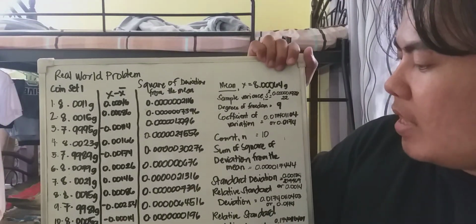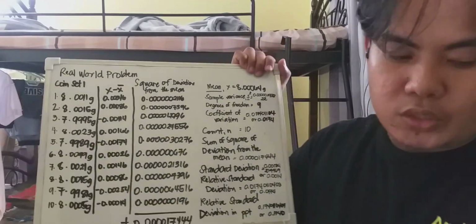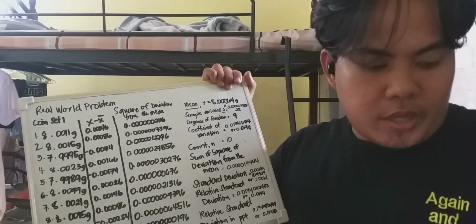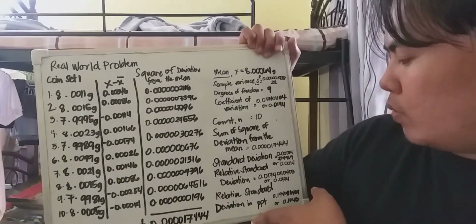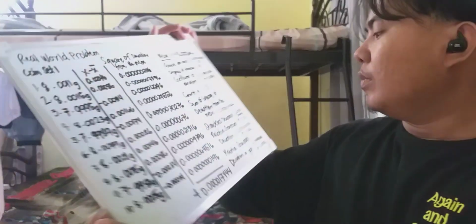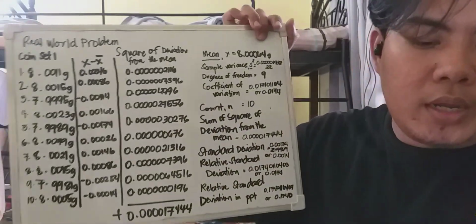So, we will be now getting our standard deviation. Standard deviation yung kukunin natin. In getting this standard deviation, I already have the formula here. And also, solve na rin ako, pero I will be explaining pa rin just for you to know how to solve.